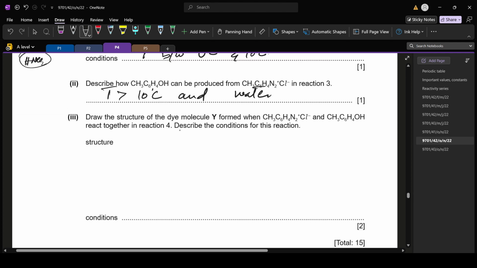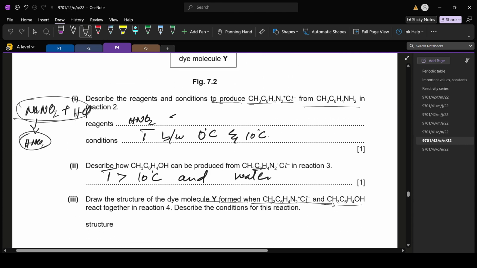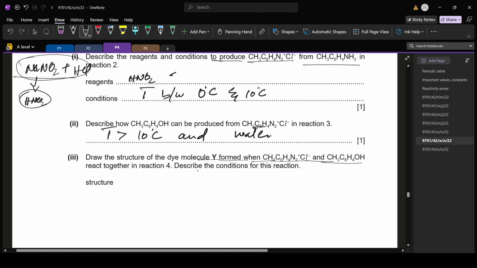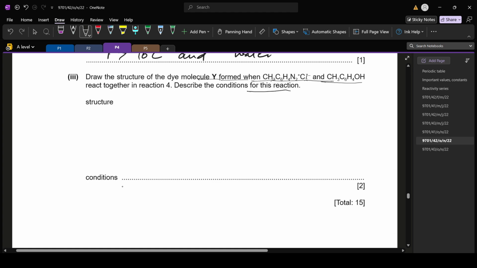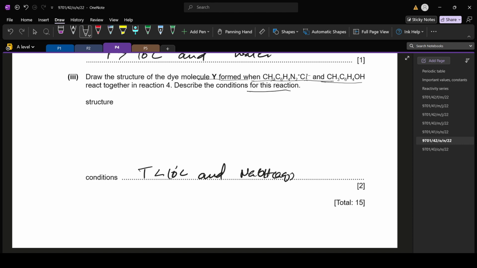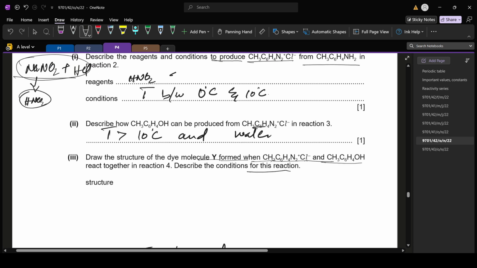Now draw the structure of the dye molecule Y formed when this diazonium and this phenol react together in reaction 4. Describe the conditions for this reaction. The conditions for this reaction are a temperature below 10 degrees Celsius and aqueous NaOH, because phenol is not strong enough to react with the diazonium ion.